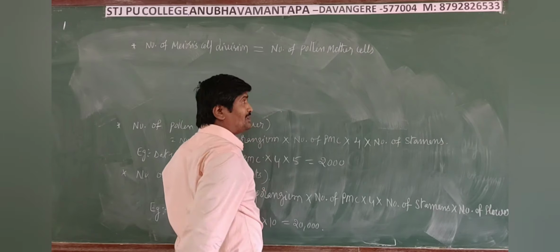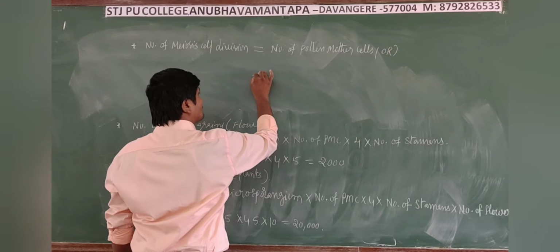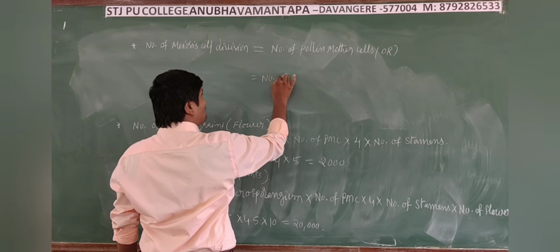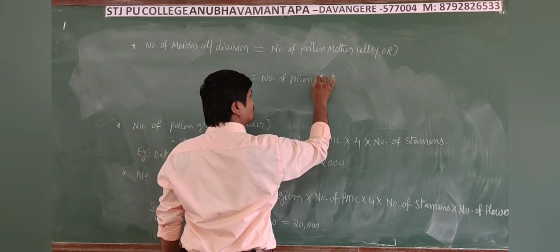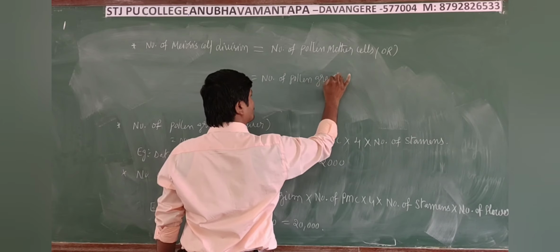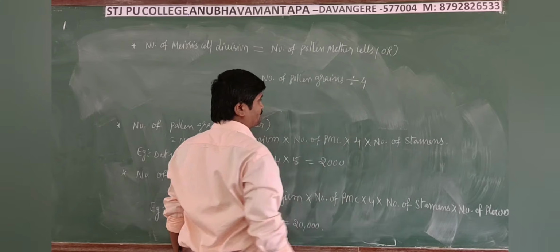The number of pollen mother cells is the number of pollen grains divided by 4.